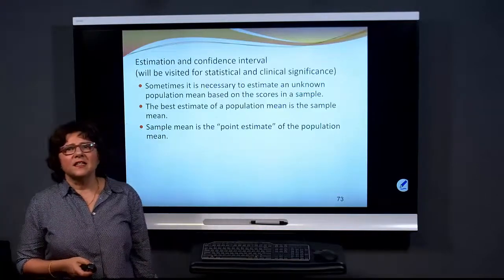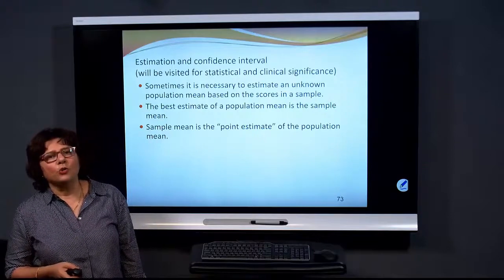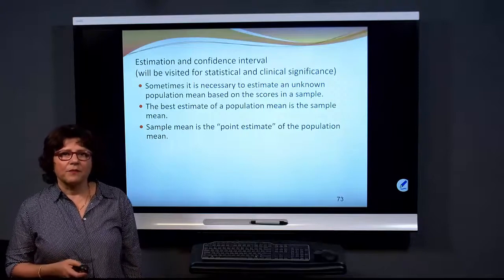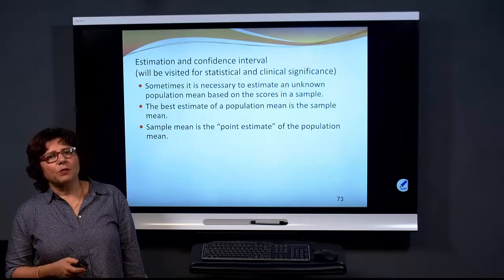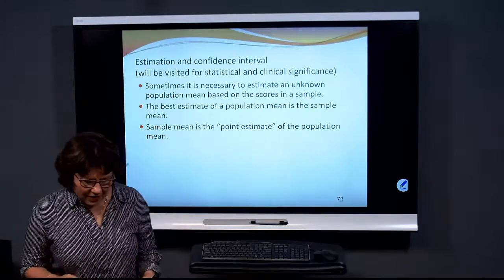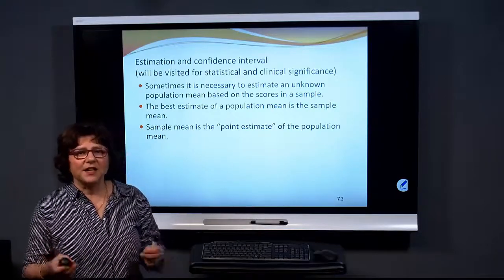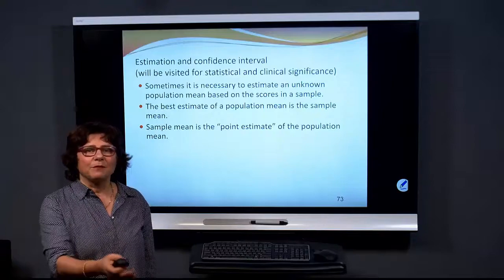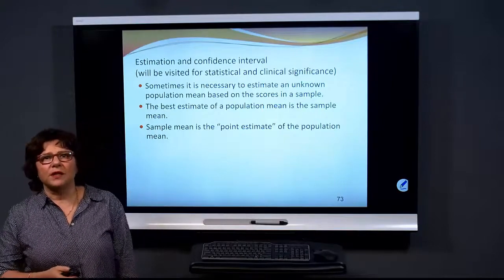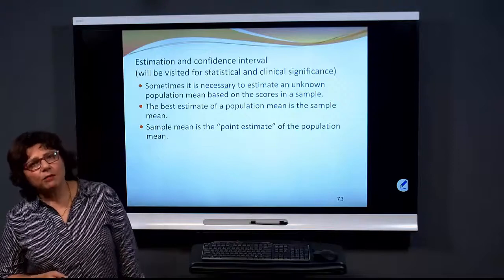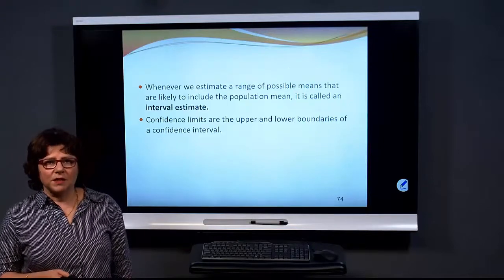Sometimes it is necessary to estimate an unknown population mean based on the scores in a sample. So the best estimate of the population mean is your sample mean. So whenever I ask what's the point estimate for this population, and I give you a sample, find the sample mean, and that would be the best point estimate. We say that the sample mean is the point estimate of the population mean.